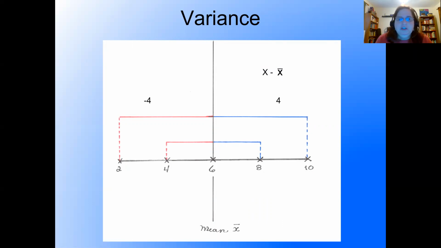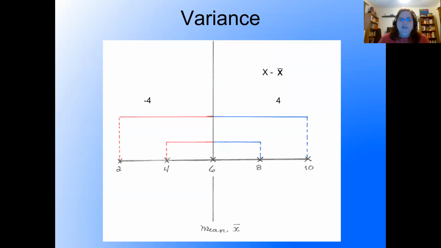Now what I want to do is look at the distances from each point to the mean. So I start off and say, how much is 10 minus 6? The answer is 4. How much is 2 minus 6? How much is 2 minus our mean? The answer is negative 4.